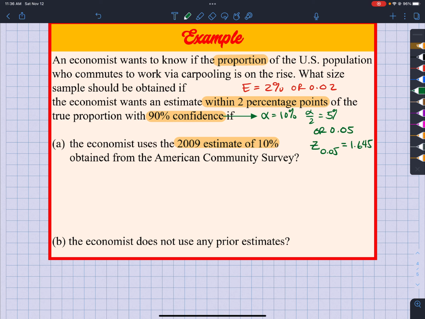All right, so how does this all help me? I already know that E is equal to 0.02. I know that my z of 0.05 is equal to 1.645.